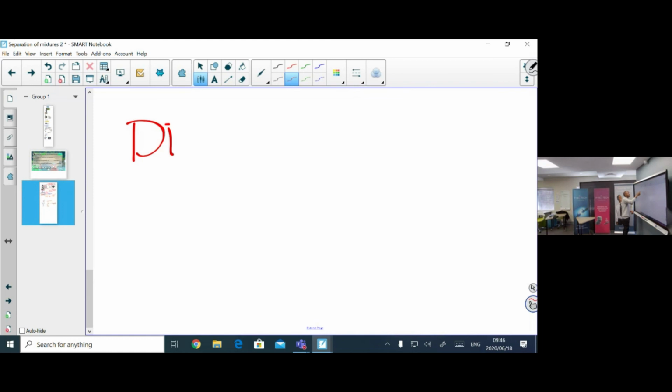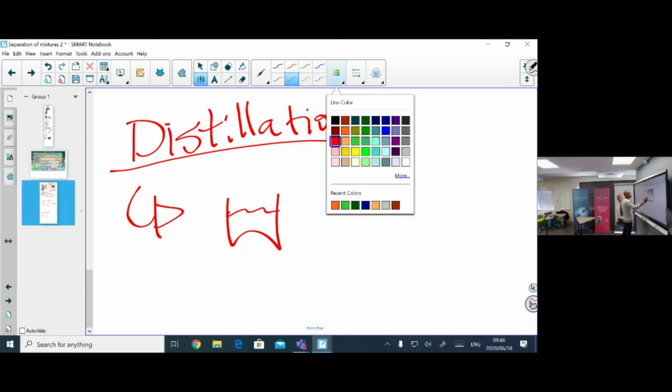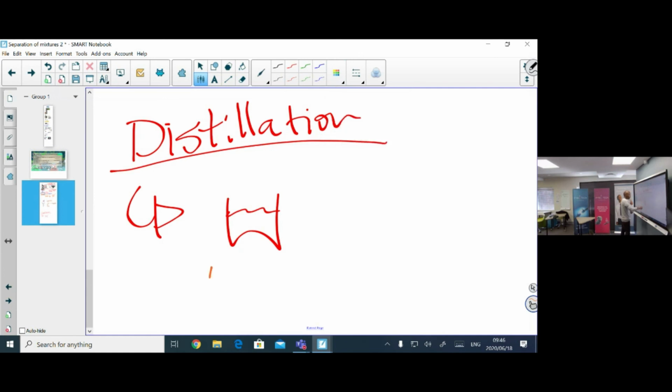We know that we can use distillation. And how does that help us? Distillation will allow us to have, here's our liquid. We heat it up. We know that in distillation, we heat it up, temperature increases.